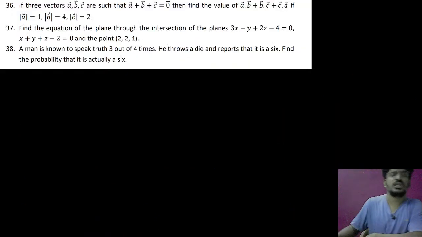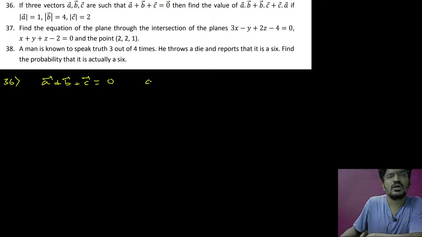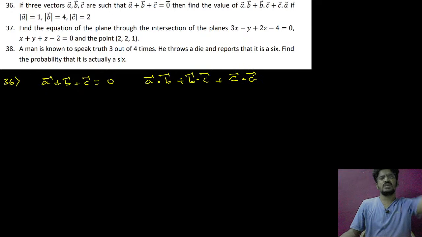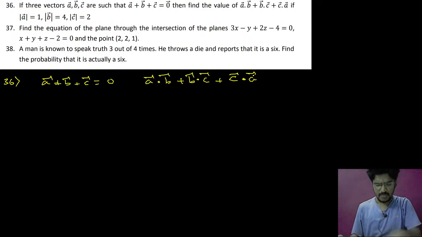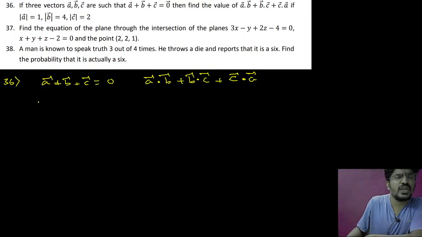That is, vector A, vector B, vector C are such that vector A plus vector B plus vector C equal to 0, and we have to find A dot B plus B dot C plus C dot A. Okay. You just make squaring on both sides.